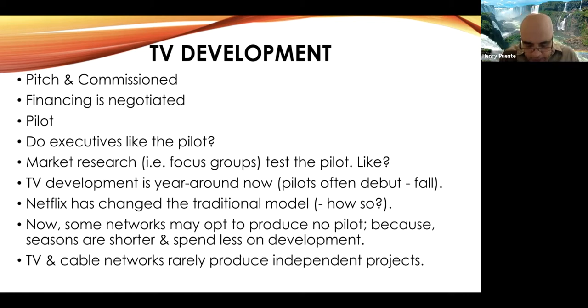And let's just say ABC in this case doesn't pay Sal's production company, or whoever the producer is, $2.5 million. They might just say, well, we don't have that kind of money, we'll pay you $2 million. And so that means that for every episode made of The Good Doctor, the producers are operating on a deficit finance. In other words, they have to come up with the other $500,000 themselves.